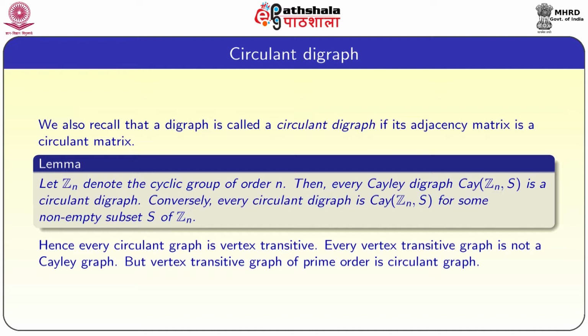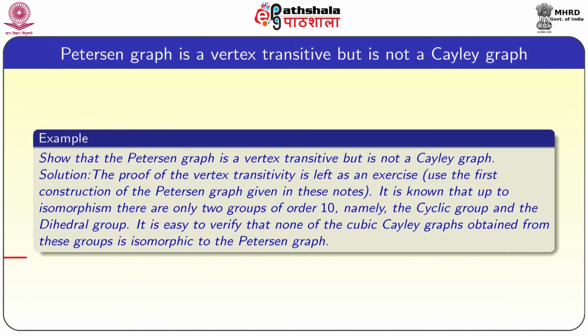Now, we will give an example of a vertex transitive graph, but not a Cayley graph. The Petersen graph is that example. Show that the Petersen graph is vertex transitive, but not a Cayley graph. The proof of vertex transitivity is left as an exercise. In fact, one can use the construction of the Petersen graph given in these notes.